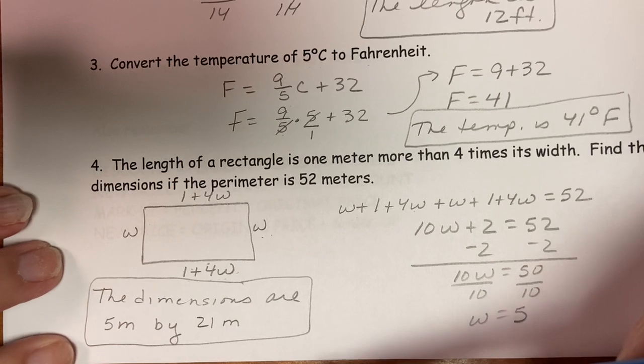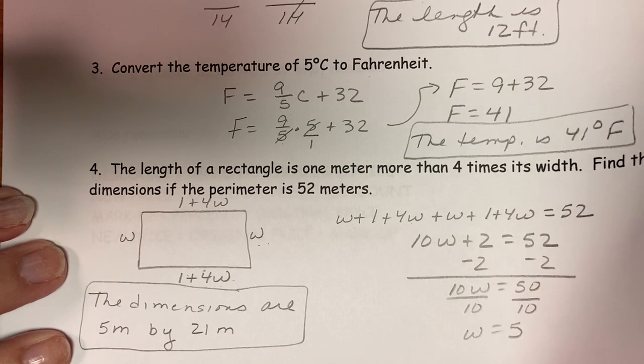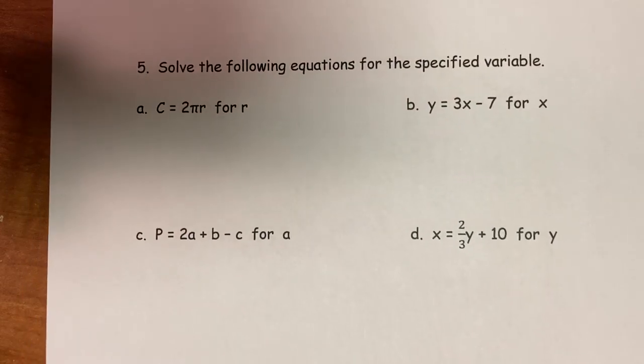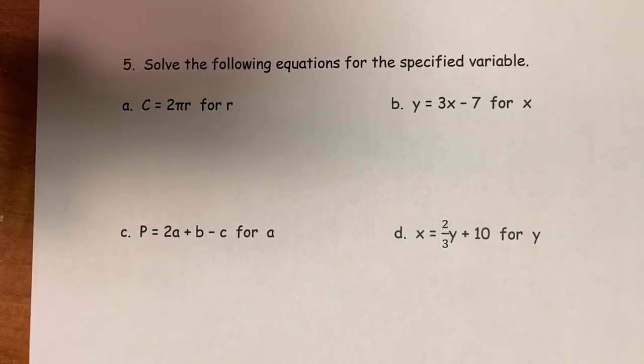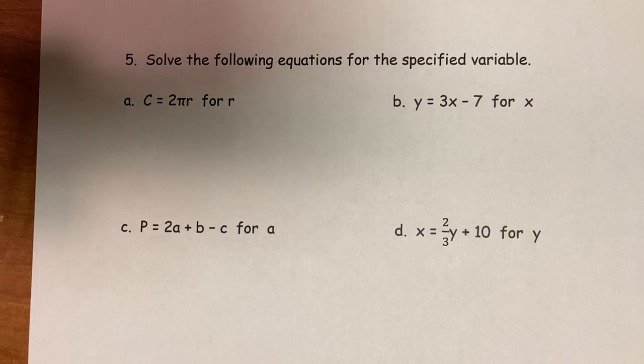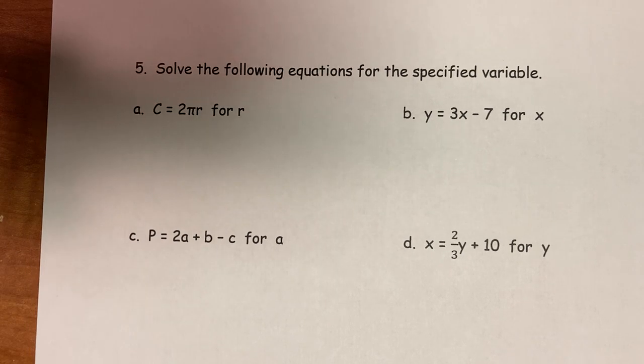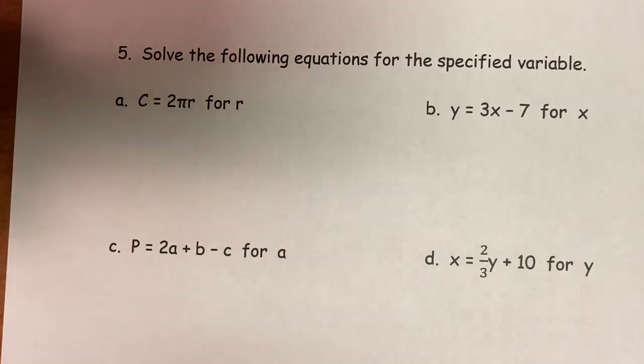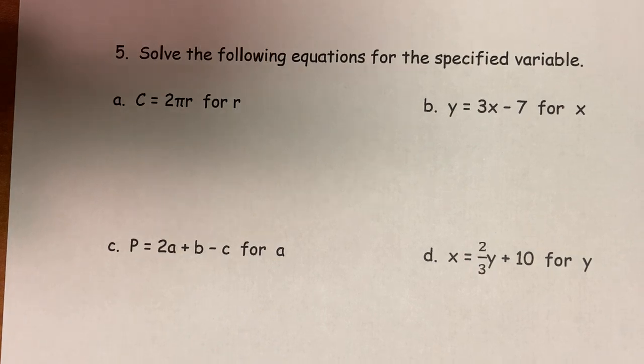Okay, so the second half of these notes are again working with some formulas that you may know, just regular old equations, but we're going to be using our solving skills, and we are going to take a formula or an equation and we are going to solve it for a specific variable.